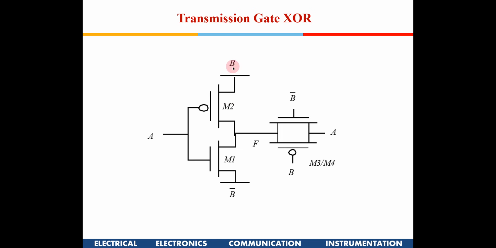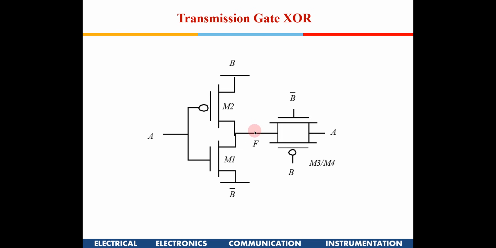So you have a 0 coming here, and this will be switched off. If A is 0 and B is 0, F will be 0. But if A is 0 and B is 1, then this is switched on and this node gets charged to 1 out here.